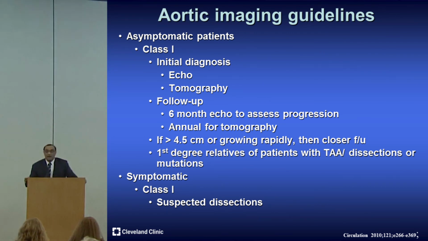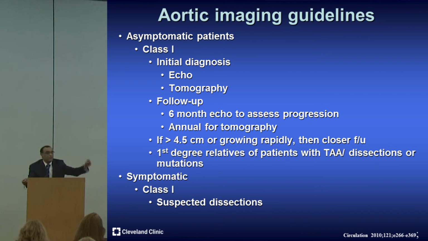So guidelines. If you are asymptomatic, you certainly need, to make an initial diagnosis, echo, tomography. You need 6-month follow-up echo to assess progression, and an annual assessment using some form of tomography. If your dimensions are greater than 4.5 centimeters or growing rapidly, this is for all aortopathies, then closer follow-up.